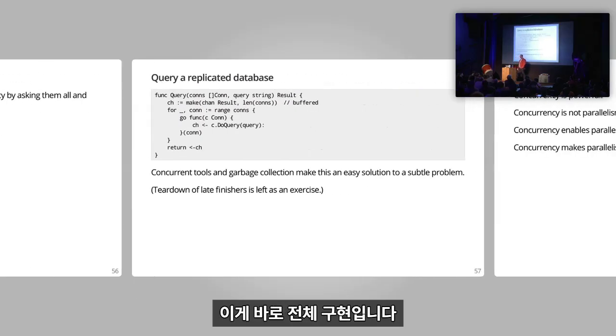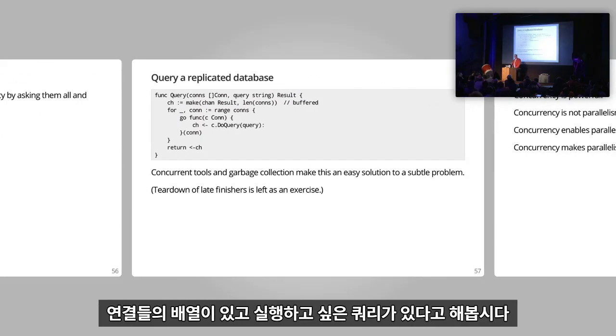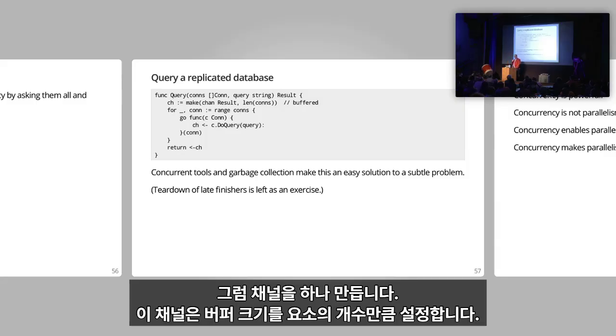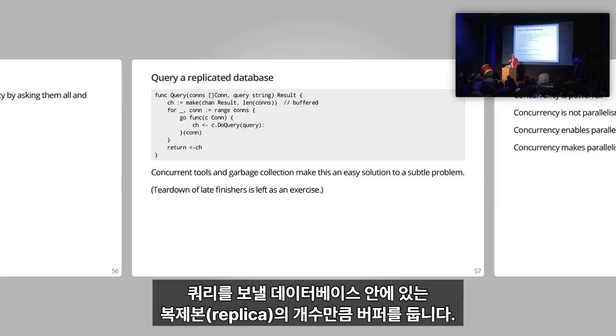This is the full implementation of it. You have some array of connections and some query you want to execute. You create a channel which is buffered to the number of replicas inside the query database.